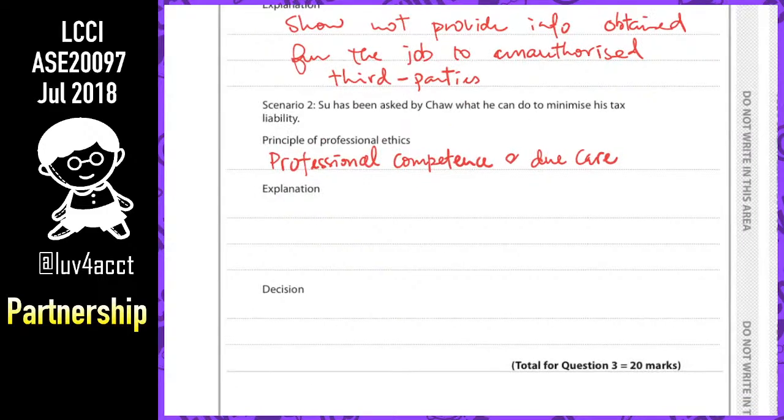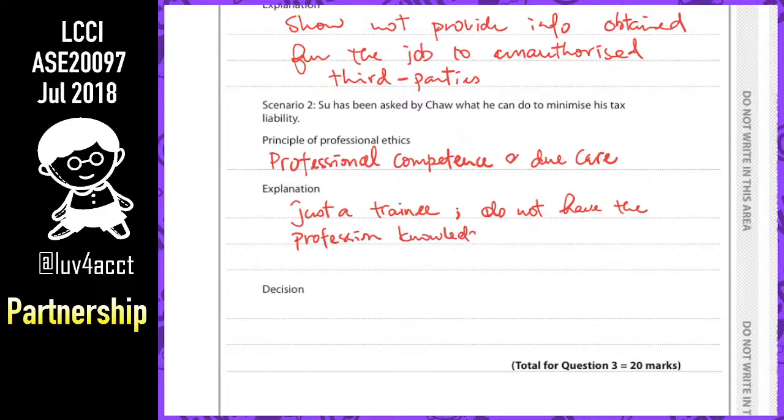Just a trainee, maybe does not have the professional knowledge or training to provide such service.